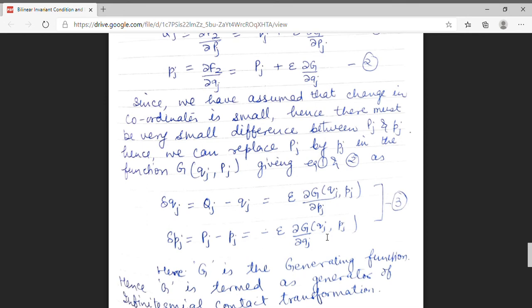Now since we have changed our generating function from F to G, G will be termed as the generating function of Feitzmel contact transformation, whereas F is the generating function of contact transformation.